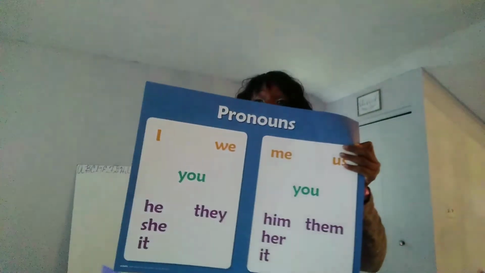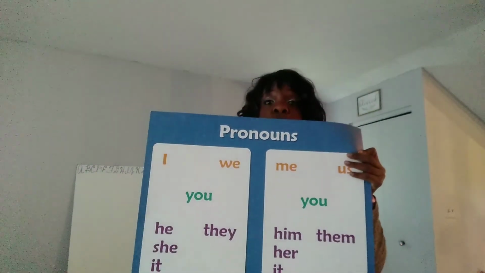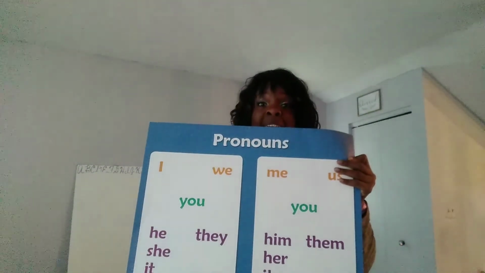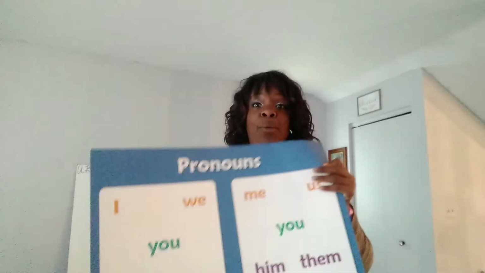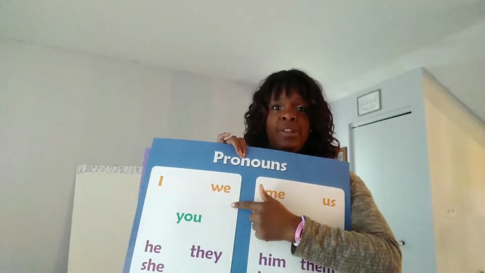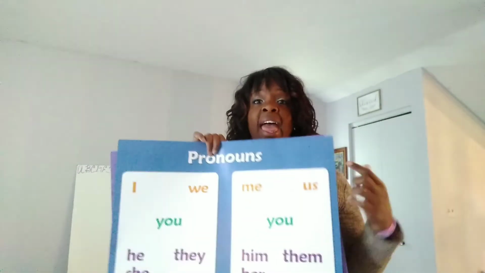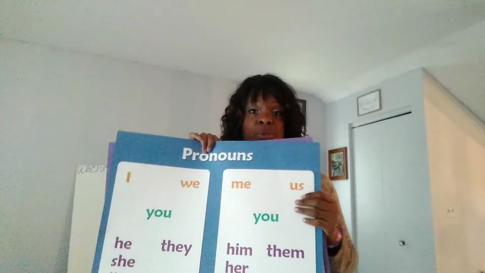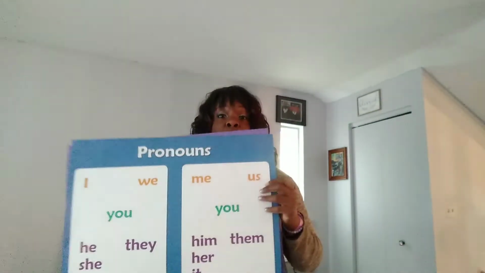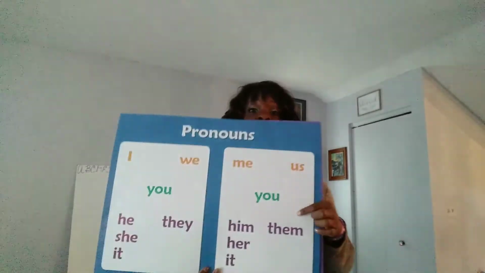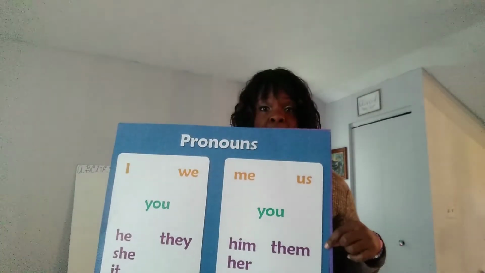And remember, we had that list. The first group: I, you, he, she, it, we, they. And remember, I went over this the other day where I was telling you the subjective pronouns and then the predicate pronouns, the pronouns that are in the predicate part of the sentence: me, you, him, her, it, us, and them.